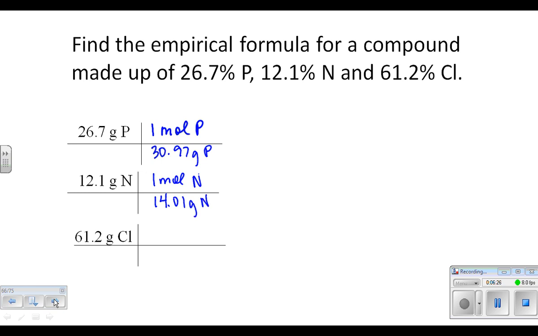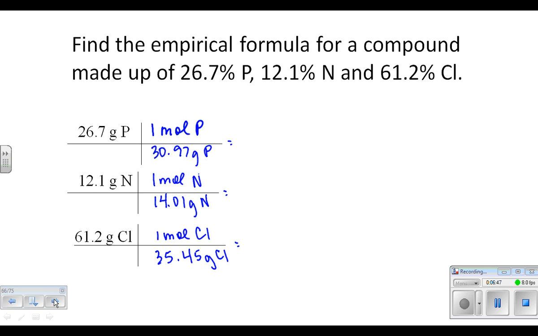And for every 1 mole of chlorine, it is 35.45 grams of chlorine.